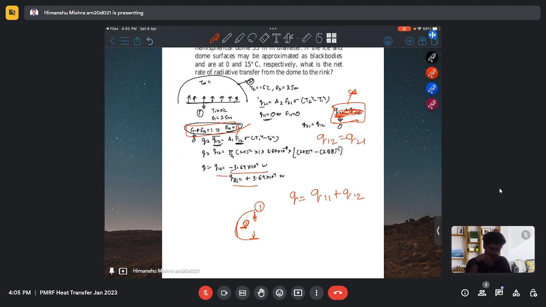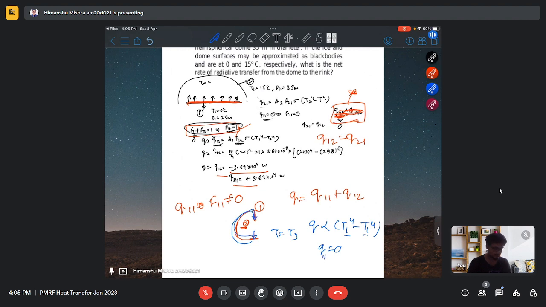That's it. Because for this Q11, even if my shape factor F11 is not equal to 0, the surface is at the same temperature, right? Because the surface is at the same temperature, there will be no radiation heat transfer. Even if there is radiation coming out from surface 1 and incident on surface 1 itself, the whole surface is at some constant temperature Ts, and my heat transfer is proportional to T to the power 4, and this is the equal temperature, so the heat transfer at surface 1 is 0.